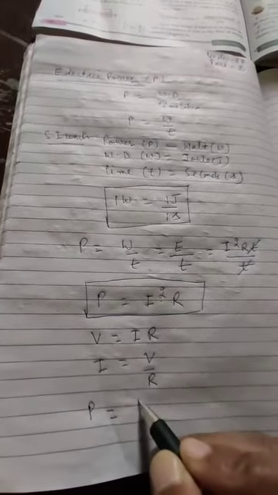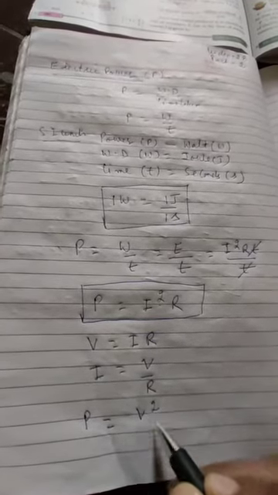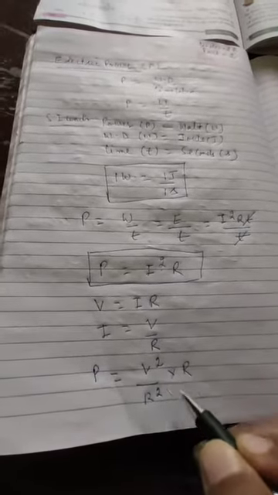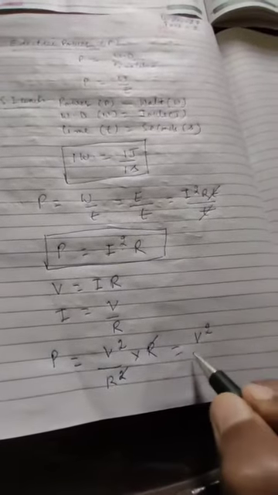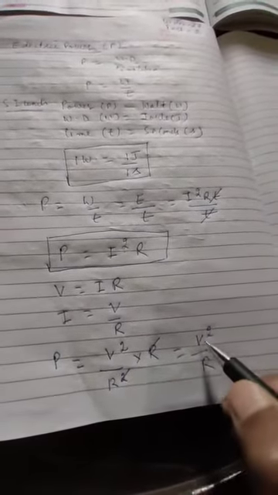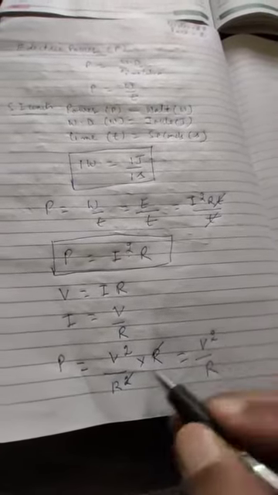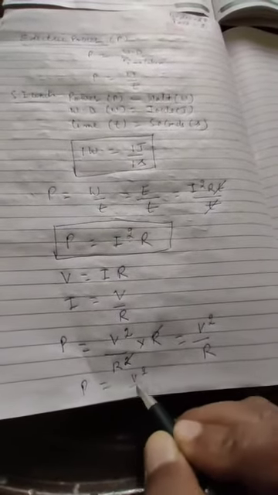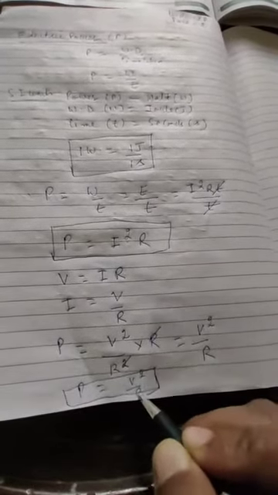P is equal to V square upon R square into R. So this and this get cancelled. So you will get V square upon R. So P is equal to V square upon R. Clear? This is another equation you get. P is equal to V square upon R, and this is another equation.